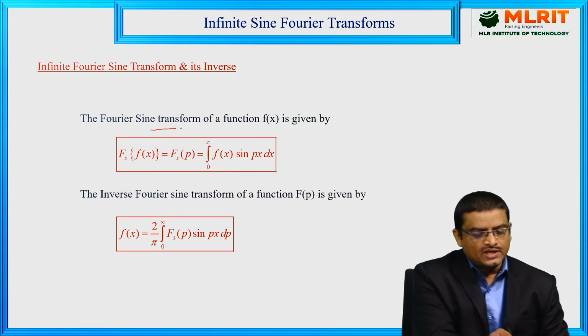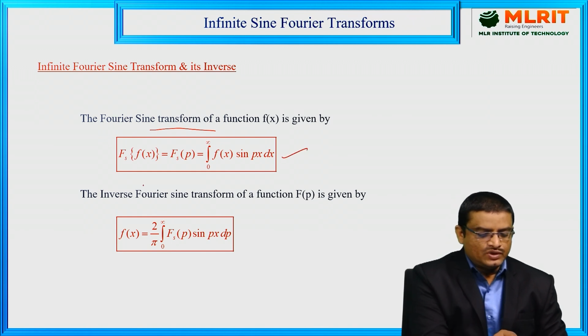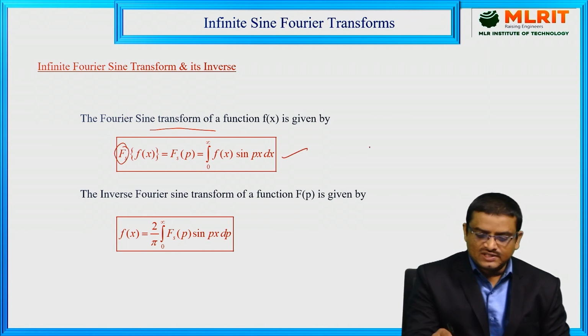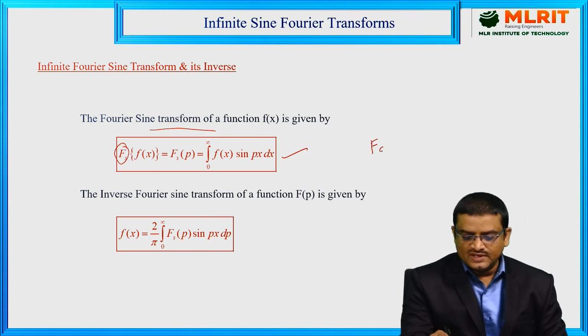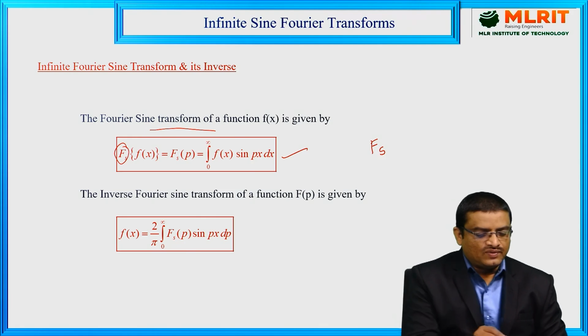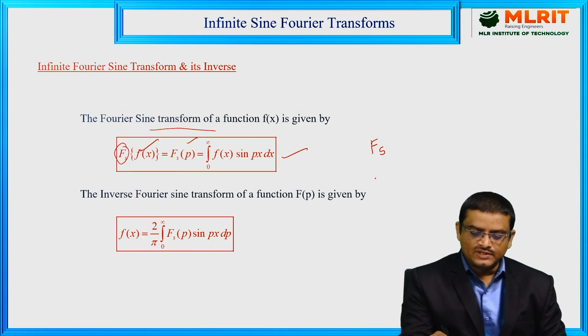So this is the standard formula to find the infinite Fourier sine transform of f of x. The infinite Fourier sine transform is represented with f suffix s. So f suffix s represents the Fourier sine transform of that function f of x, whose value is represented with f suffix s of p.